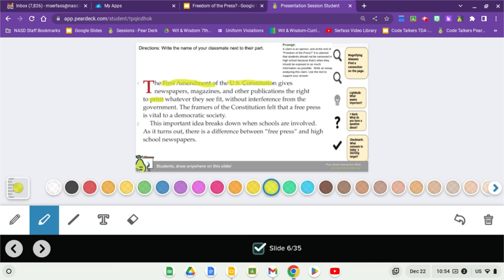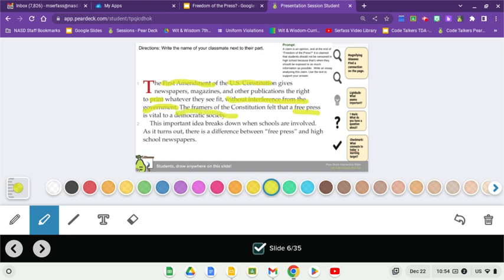Print, whatever they see fit, without interference from the government. That is key. Without interference from the government, right? That's why we have a constitution to constrain our government. The framers of the Constitution felt that a free press is vital to a democratic society.